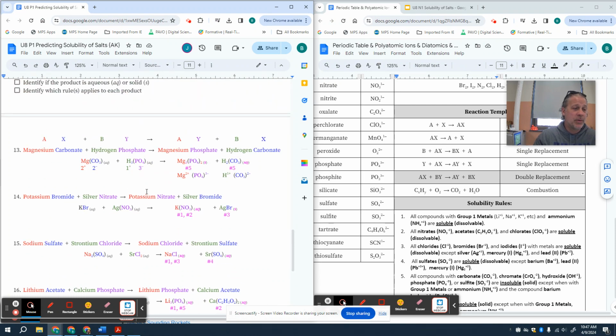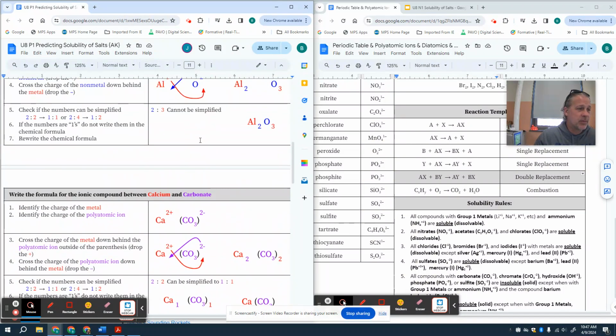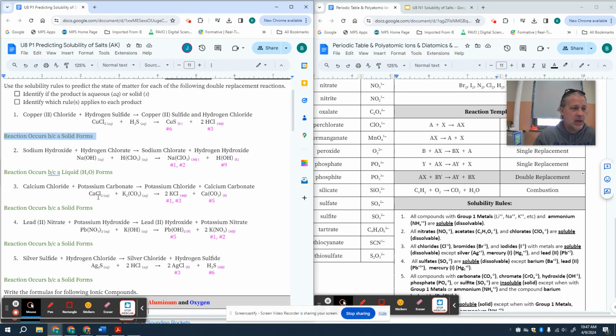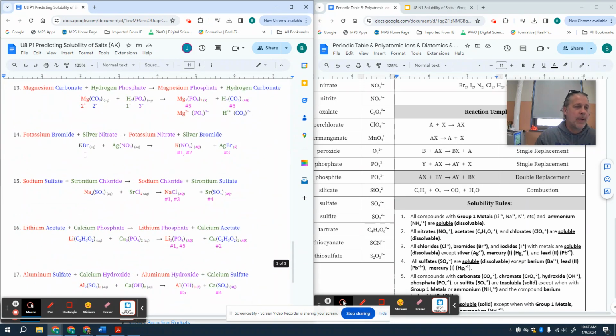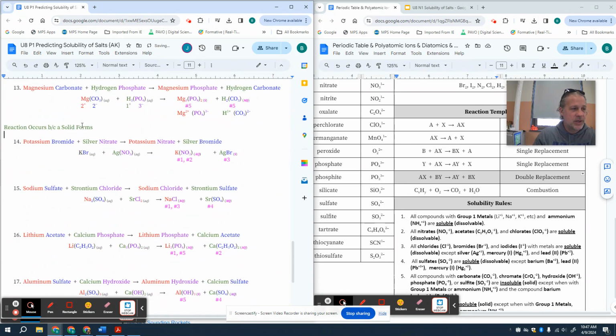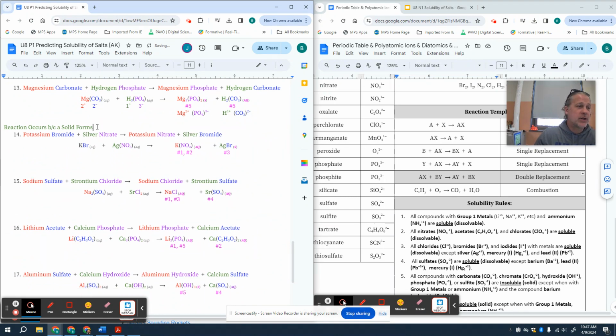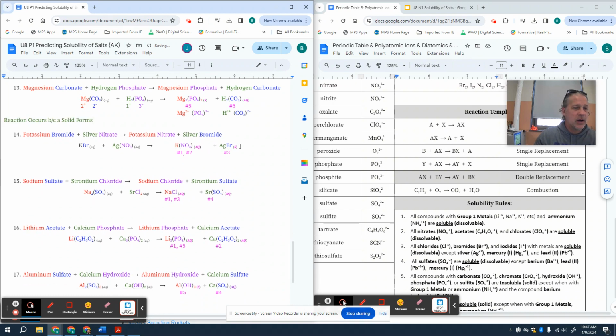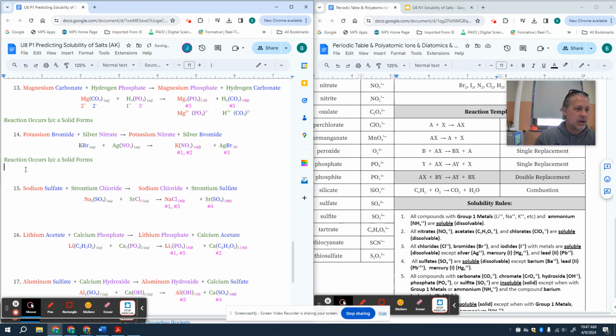Now, what I didn't include up here, which I probably should have, is what happens. So because a solid forms with MgPO4, I'm going to steal this from up here to make my life a little bit quicker. Reaction occurs because solid forms. Control C, come back down. Okay, so because the solid forms here, the reaction occurs. Here I have a solid in this one, so that one is also going to be a reaction occurring.